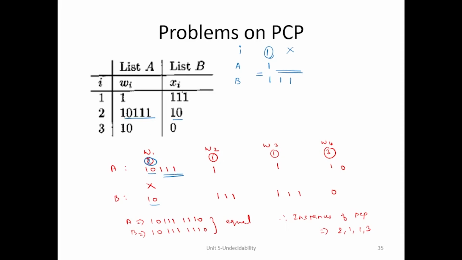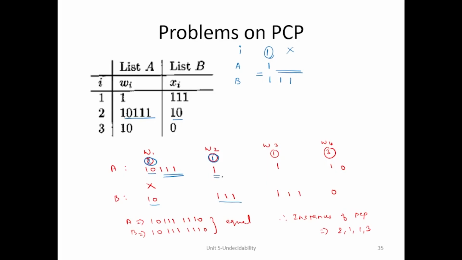So I want to check the 111 value in list B, because I want to make those two values equal. The 111 value is available as the first instance. List A's first string contains only a single 1, and list B's first string is 111. So here 111, so 10111 is filled. An extra 1 is available.